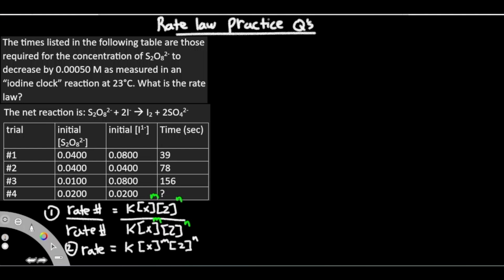In most other types of questions that you'll see, you'll have 3 reactants, for example, where 2 of them may be the same. So this one and this one will be the same, and then maybe another one here would be the same. We have 2 values that are the same here, 2 values that are the same here. It works the same way. You have to have at least one that is not the same. That way we can use that to figure out what the exponent would be.